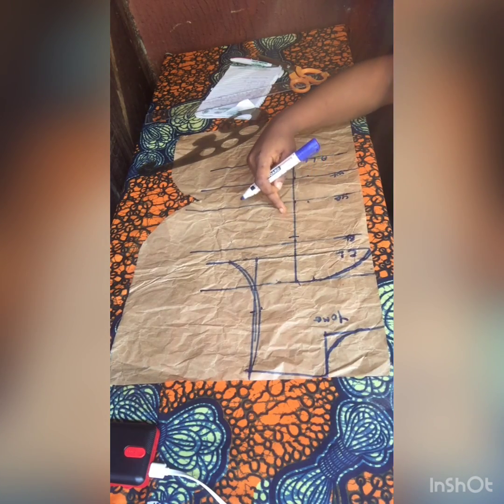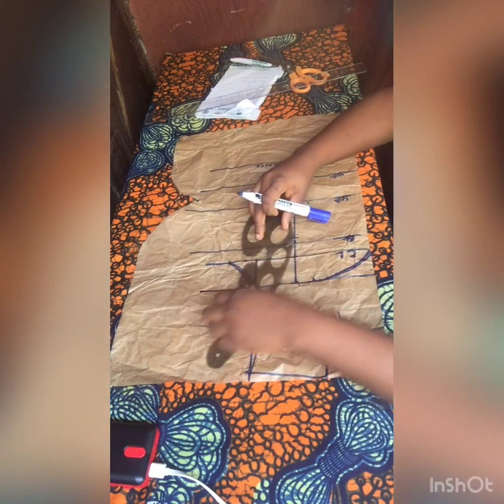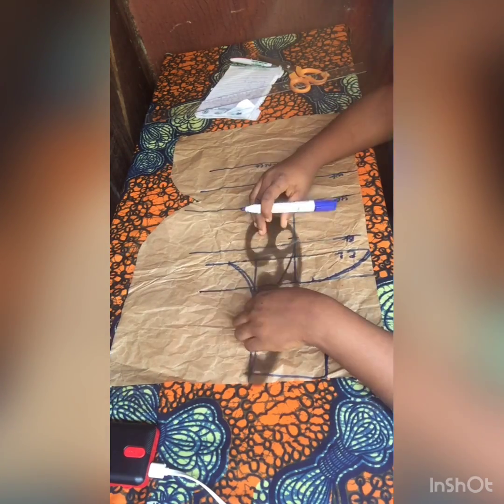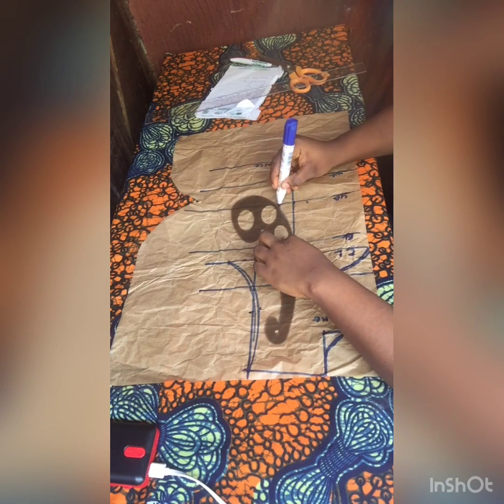So once I'm done with that, I'll just connect with my curved rule. As you can see, I'm illustrating it.